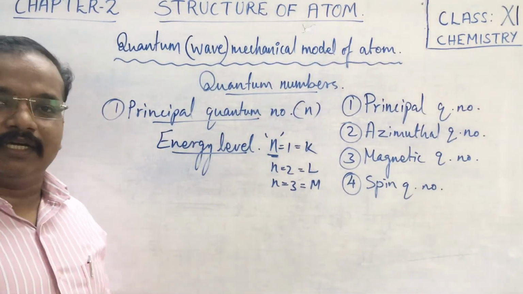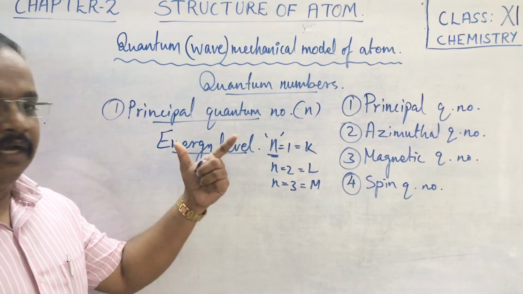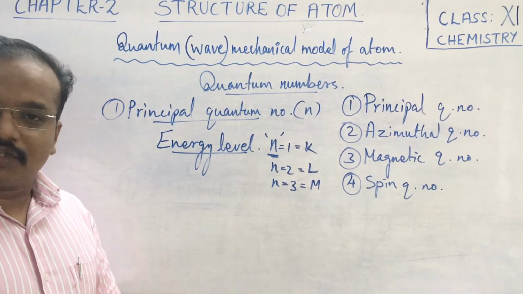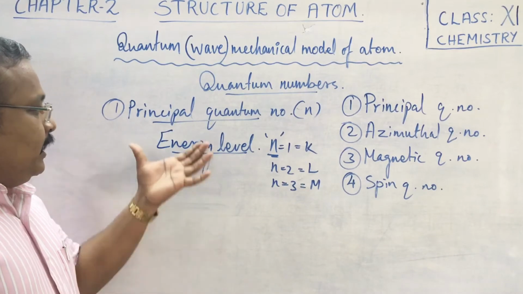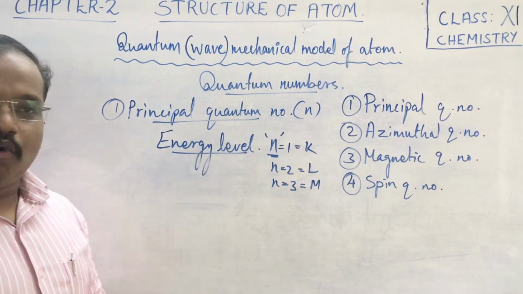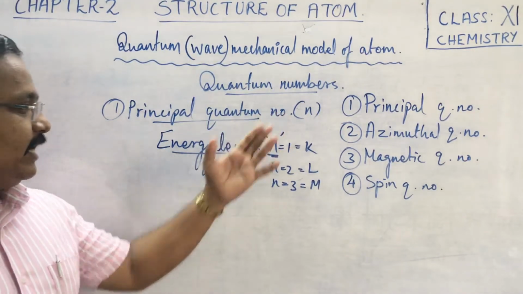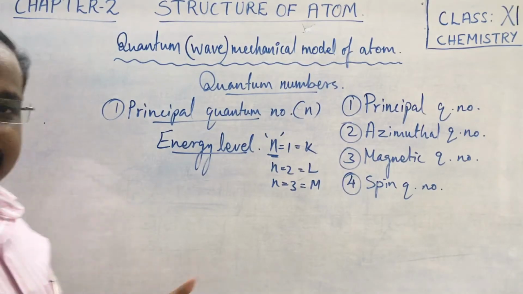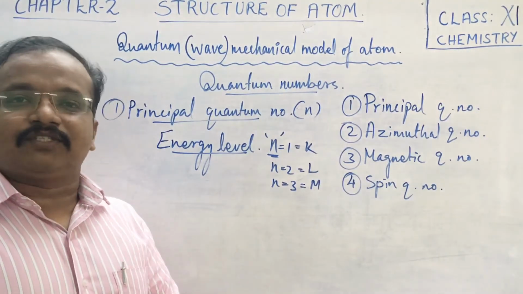This can be found by using the 2n square formula that Bohr had explained. So the principal quantum number n can have values 1, 2, 3 like that. This explains the energy levels of electrons.